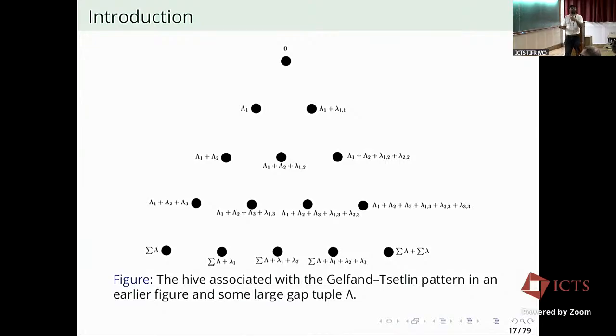So given a Gelfand-Zetlin pattern and a set of large gaps, you can produce a hive in this fashion. Now, why do you need large gaps and not just any gaps? Because it turns out that if you don't have this large gaps condition, some of these vertical rhombi, the rhombus inequalities can be violated. So you need that large gap constraint. It's some kind of extra slack you need.